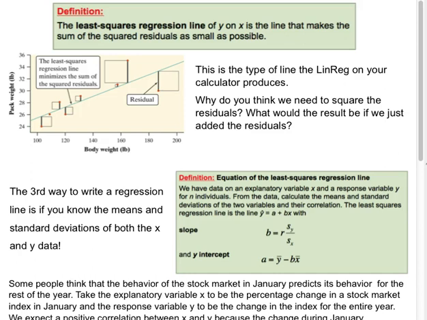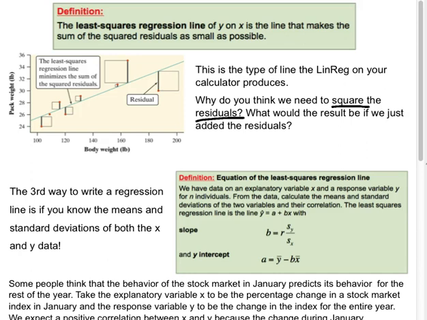Okay, so that's why we have to square the residuals. We square them so now the negatives and positives don't balance out anymore. Okay, now everything's positive, and that gives us the value that we can minimize.